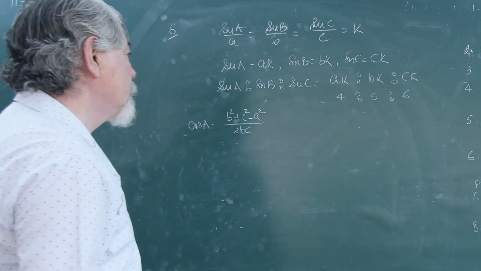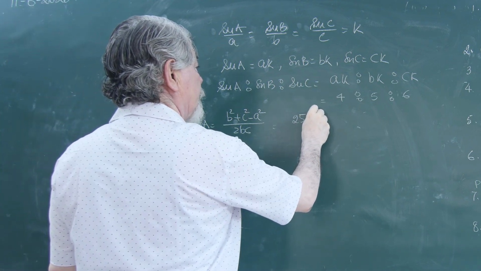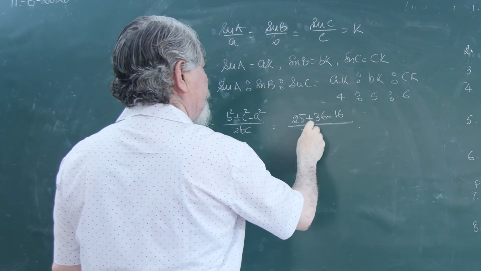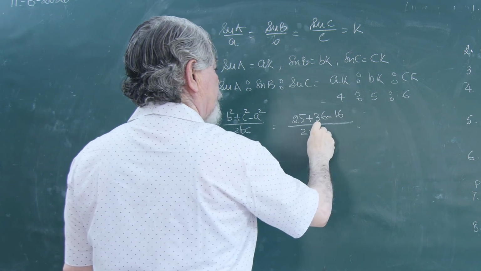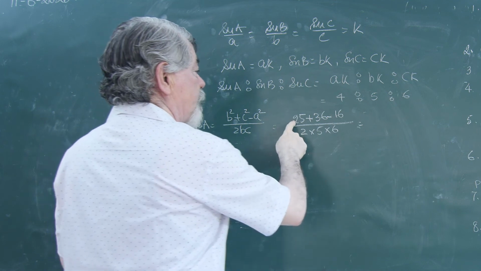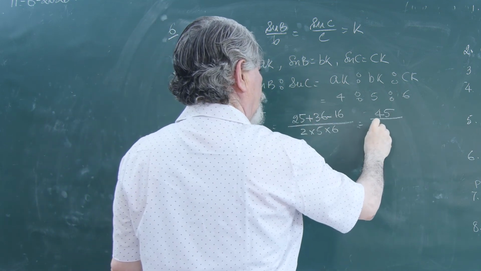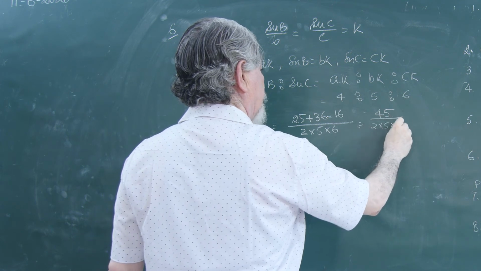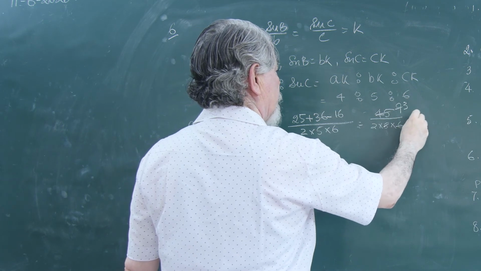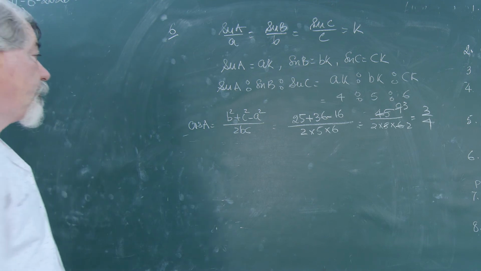So B square is 5 square, 25, plus C square is 36, minus 16 upon 2BC, 2 into 5 into 6. 36 minus 16 is 20, 20 plus 25 is 45 upon 2 into 5 into 6, 5 9s are 45, 3 3s are 9, 3 2s are 6, so 3 upon 4. Cos A comes out to be 3 upon 4.